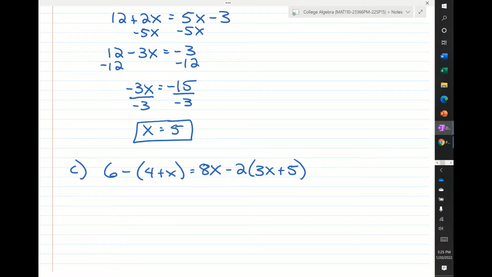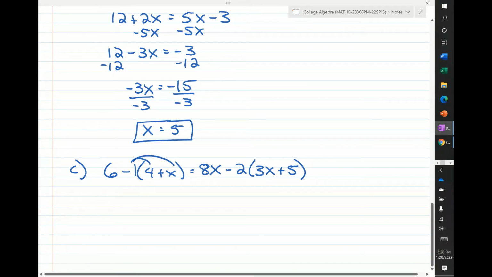Nothing we haven't really seen before. We see parentheses that tells us to distribute. If you don't have a number outside parentheses, we put a 1 there. So we're distributing negative 1. So we get 6 minus 4 minus x is equal to 8x minus 6x minus 10.